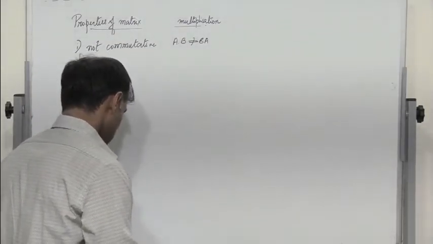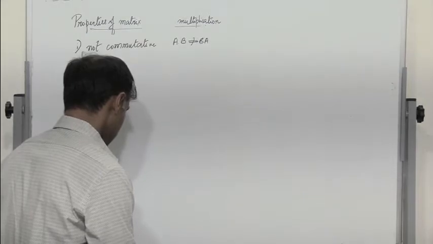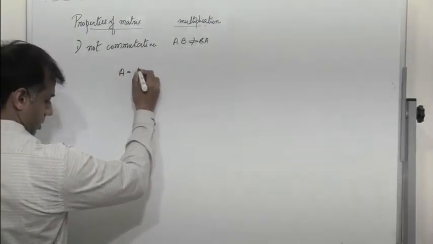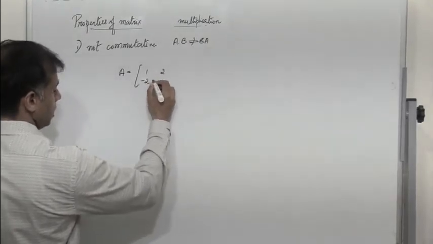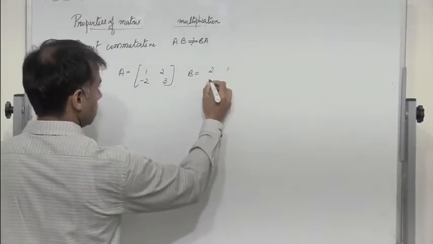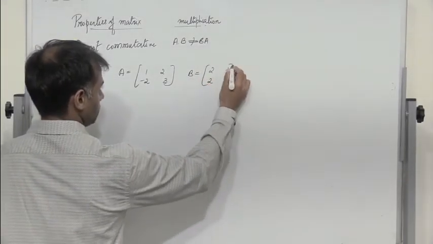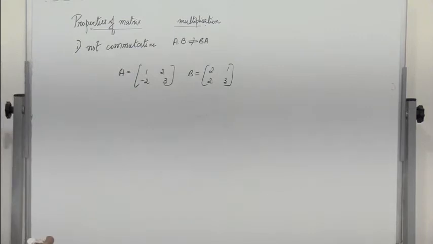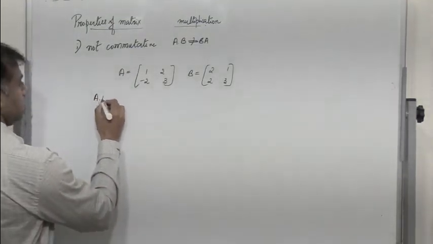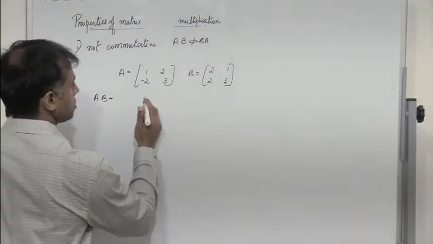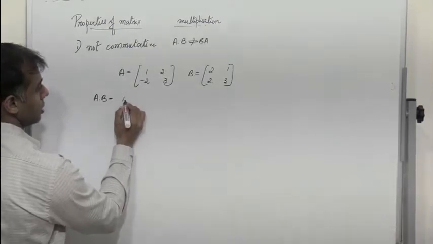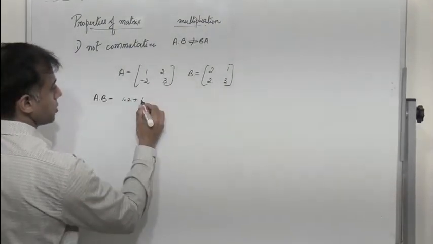So let's take an example. I have matrix A, which is 1, 2, minus 2, 3. B is 2, 1, 2, 3. So what is A into B? First row into first column: 1 into 2 plus 2 into 2 is 6.